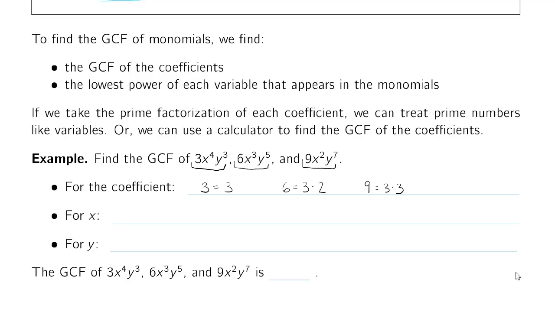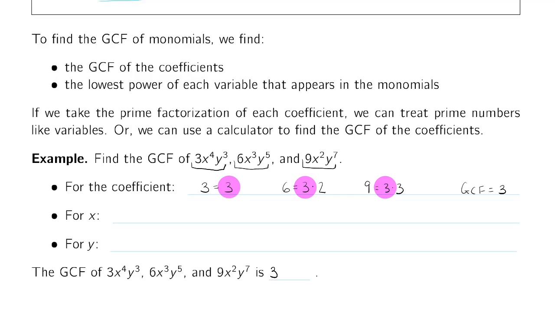Those are the prime factorizations. So we look at what those all have in common, which is just a 3. The GCF of the coefficients is 3. So the coefficient in our greatest common factor will be 3.